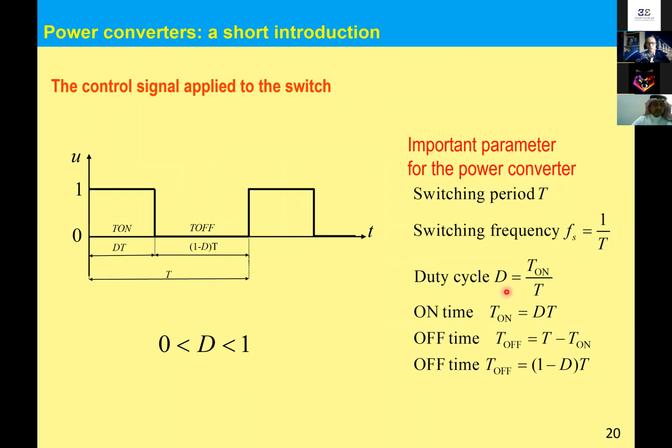For controlling switch converters, we use square wave signals with a specific time duration and period, and the ratio between the time duration where the switch is activated over the total period is called duty cycle. And you can see that duty cycle is always between 0 and 1.